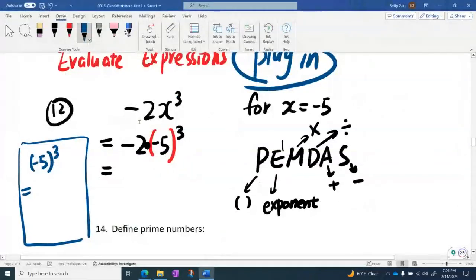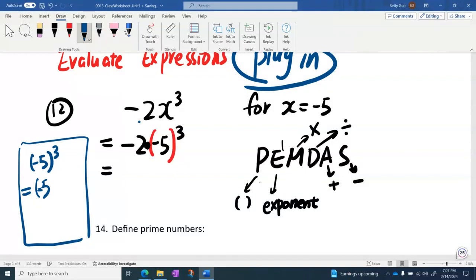So that means we can write this exponential expression as a repeated multiplication. Use the base 3 times: 1, 2, 3. Don't forget the base is -5, not +5. Guys, help me out.